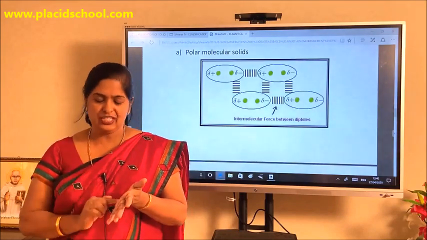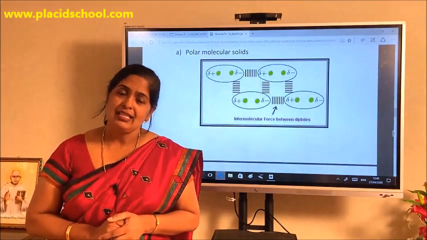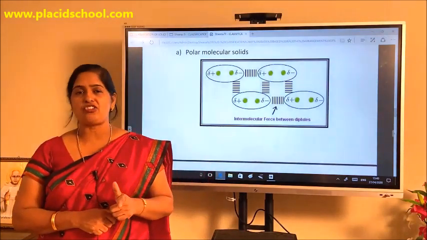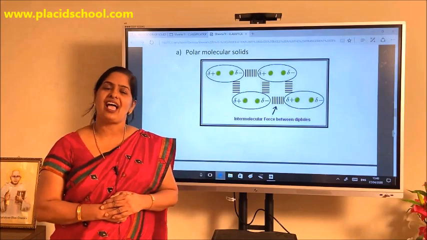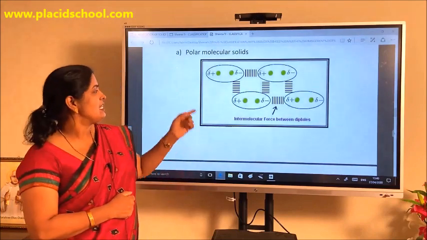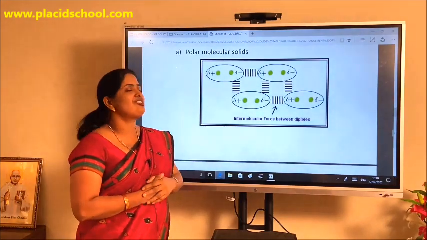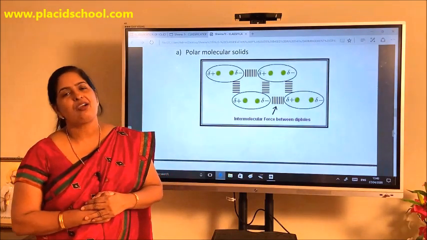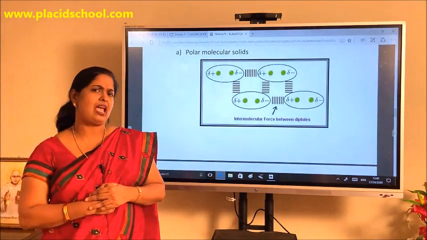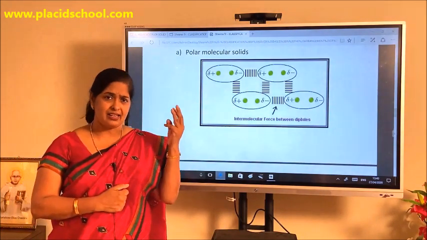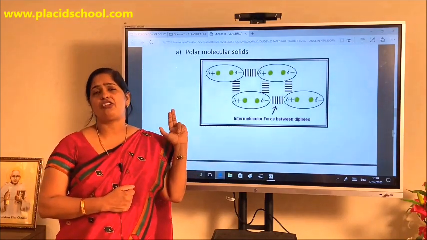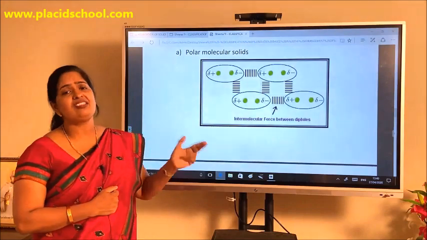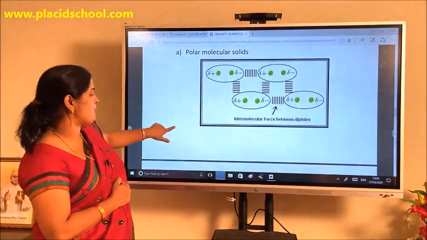The first one is London force, second one is dipole-dipole interaction, third one is dipole-induced dipole, and the fourth one is hydrogen bonding. Among that, dipole-dipole interaction is seen between polar molecular solids, and its characteristics are: they are soft, they have low melting point, boiling point, and the intermolecular force of attraction seen is dipole-dipole interaction.